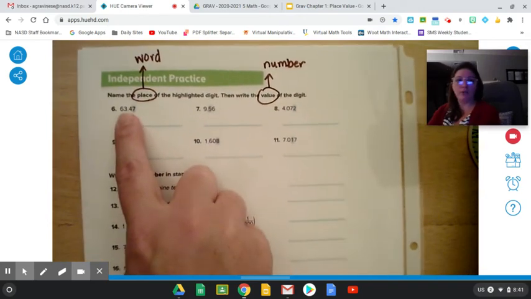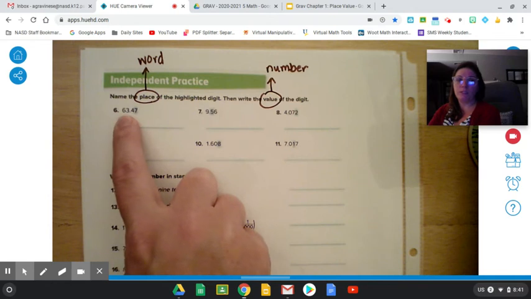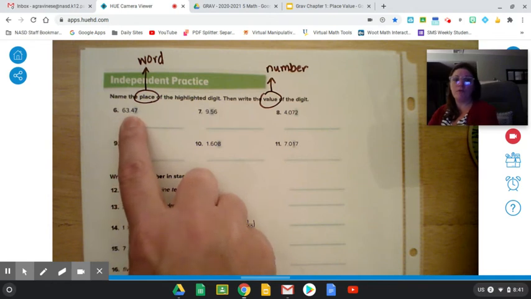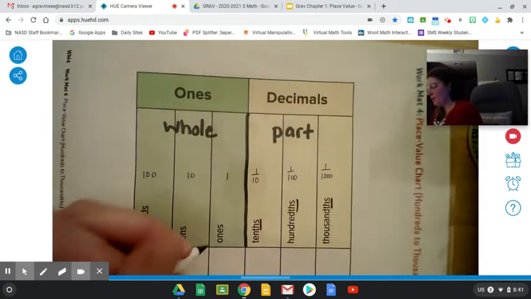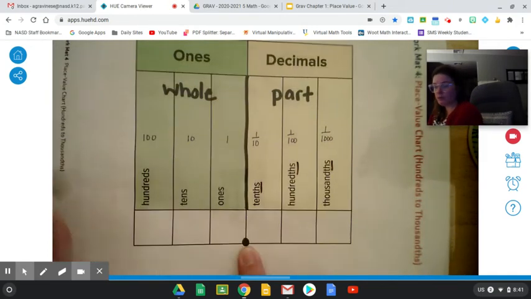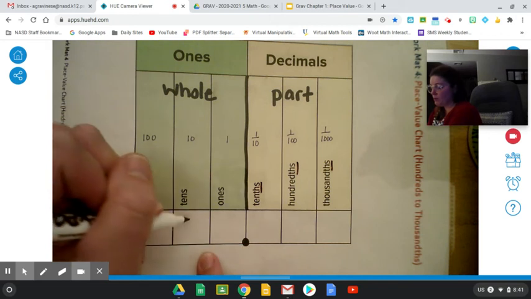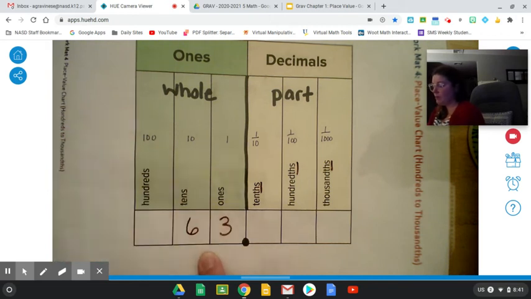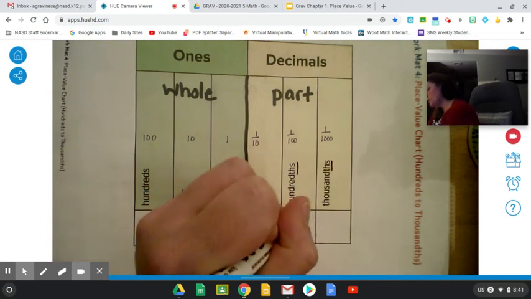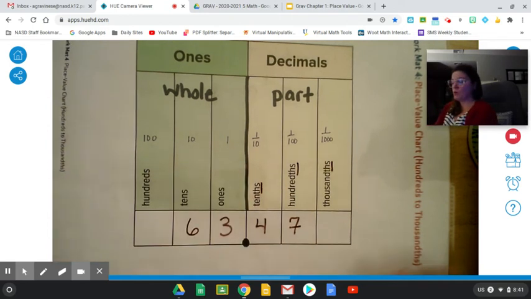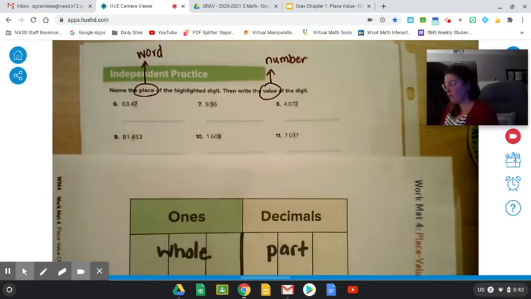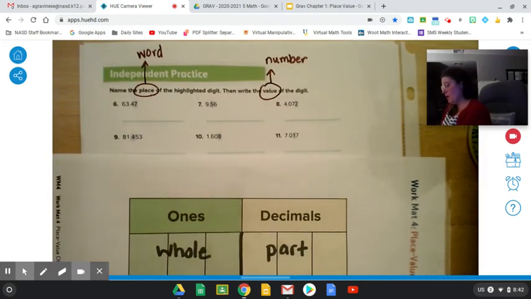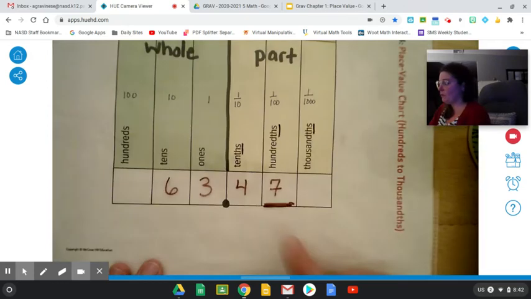So looking at our first example, 63.47. Well, let's put that on our place value chart. Here's my decimal point. To the left of it was 63, and to the right of the decimal point was 47. So we are naming the place of the 7 that was highlighted, and then we're giving its value.